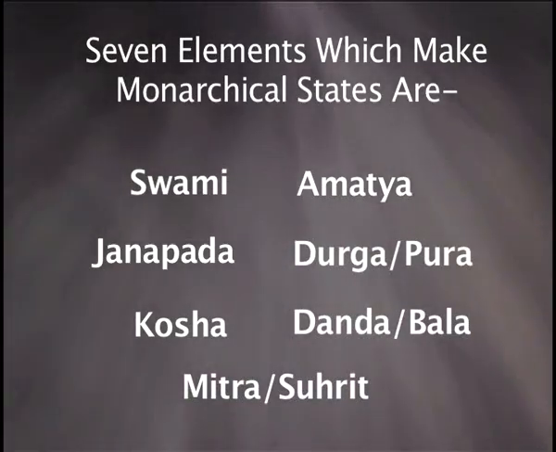All the theorists would invariably consider the Swami or the Raja as the foremost of all the elements or the limbs of the state. While the Raja is the most important, he is closely followed by the high functionaries of the state.